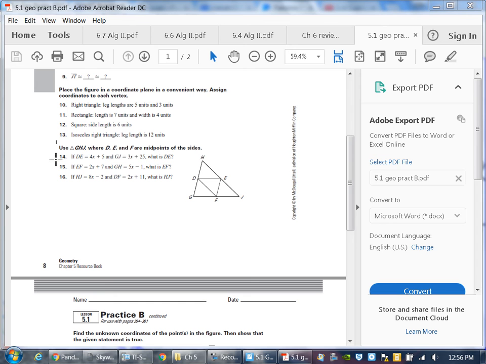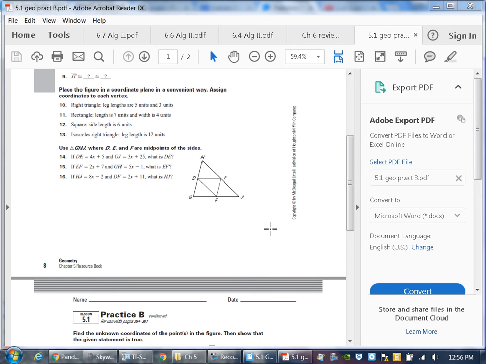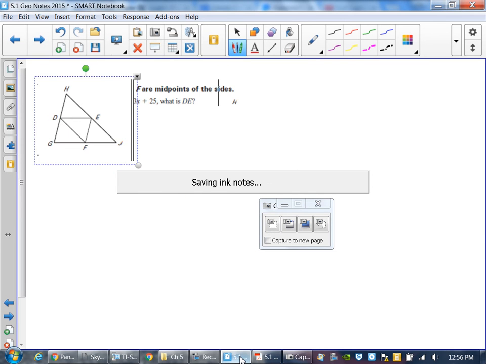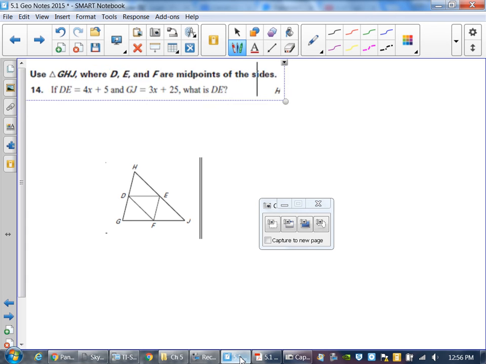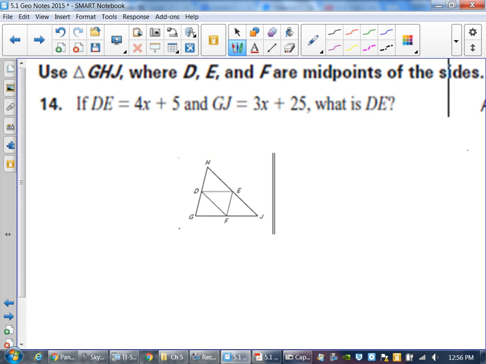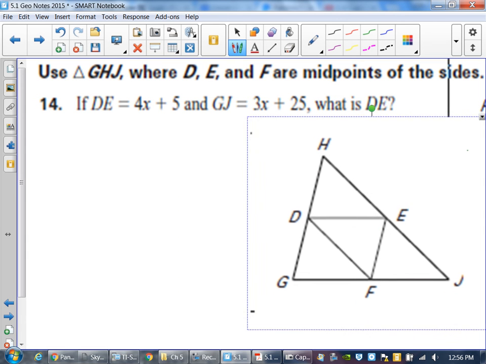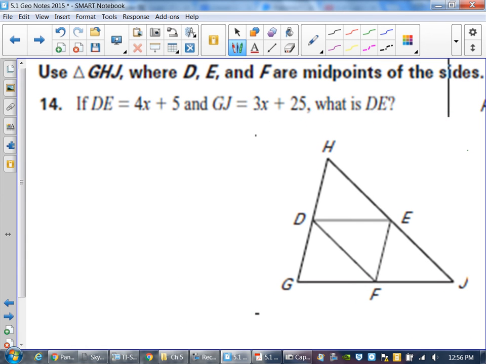Let's try this. Same idea here. Same basic idea, guys.